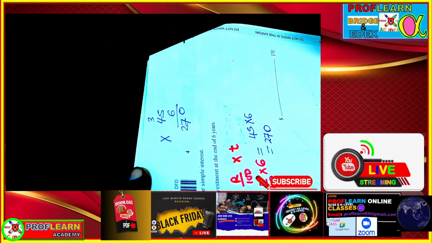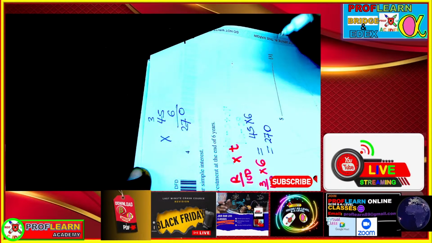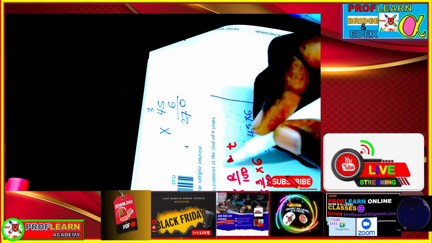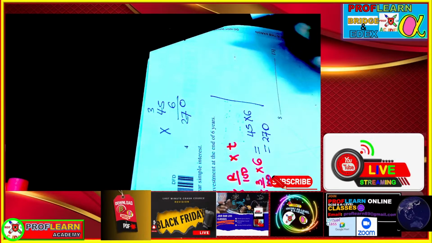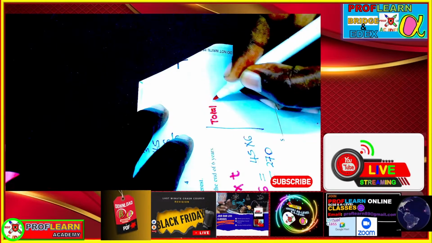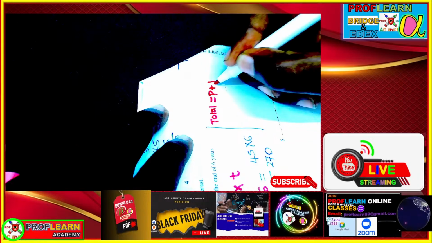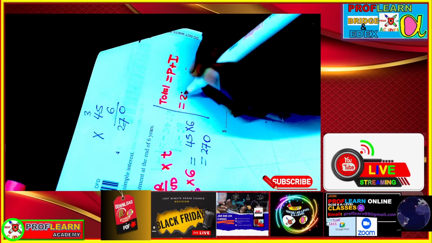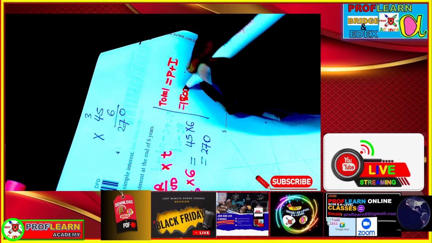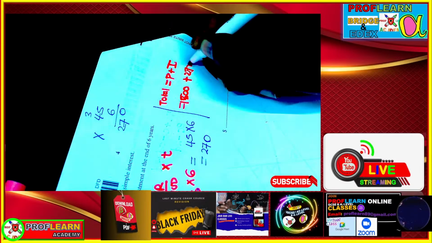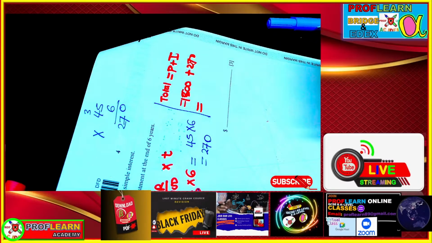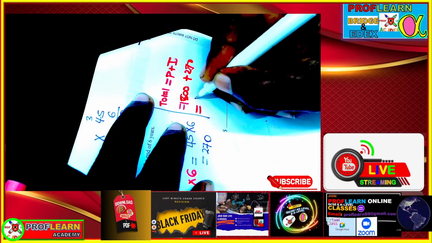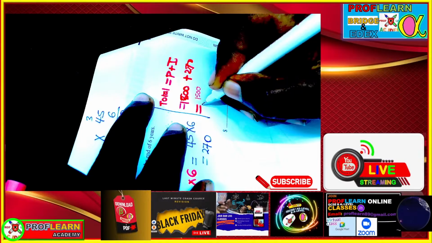270. That is the interest. But the question was asking us to work out the total value of our investment. So the total is going to be the principal plus the interest that was earned. The principal is 1,500 plus 270.